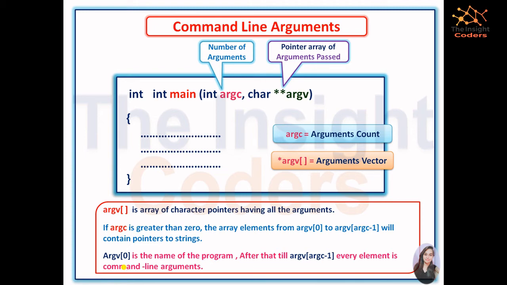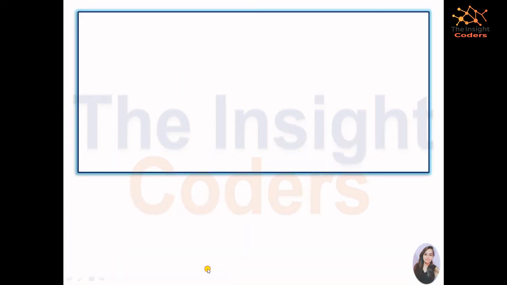These are three values, but apart from that there is one more command line argument, and that is known as the program name. So the very first, or I should say the 0th index argument is the name of your program, and the rest are the arguments that you have given. Let's see an example, then you will understand it in a better way.